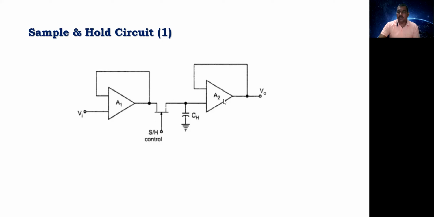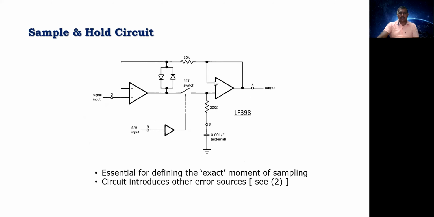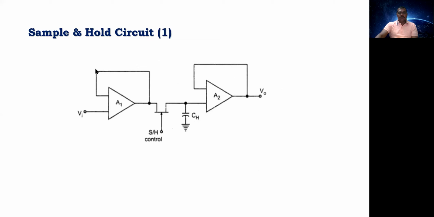This is again a non-inverting one. This is the simplest circuit, where it is not shown which type of switch is being used. Actually, this is a FET switch, or in some other cases we might use a BJT transistor, right? BJT can also be used here, and the rest of the circuit is the same.